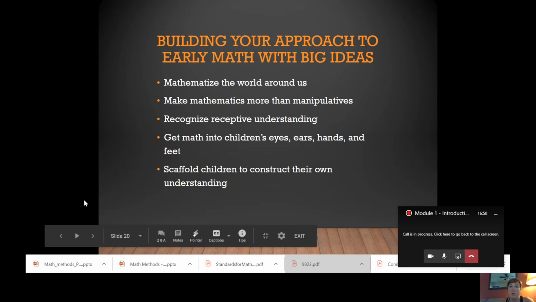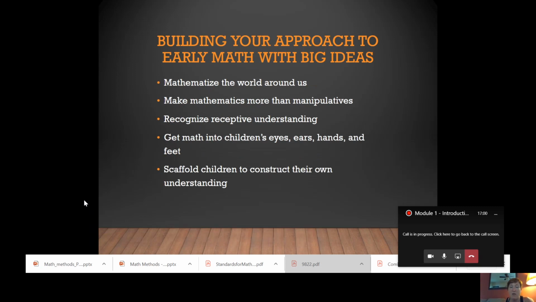So how can we build our approach to early math with big ideas? One thing we can do is mathematize the world around us. So when we see things, ask children questions that relate to math. Make mathematics more than manipulatives.